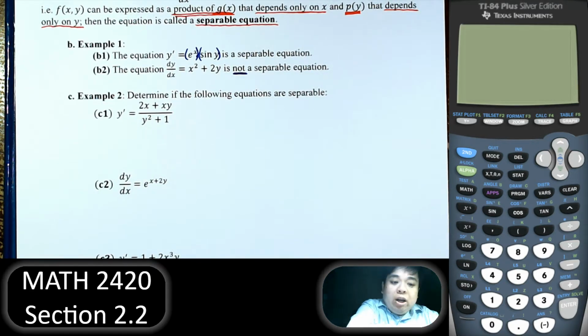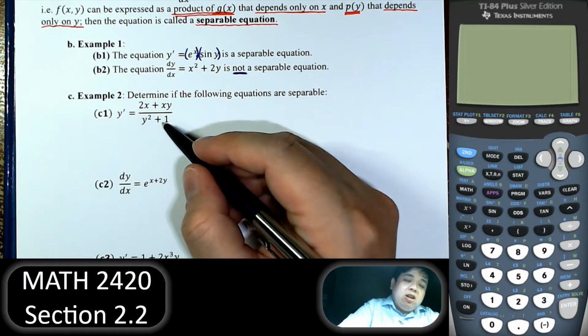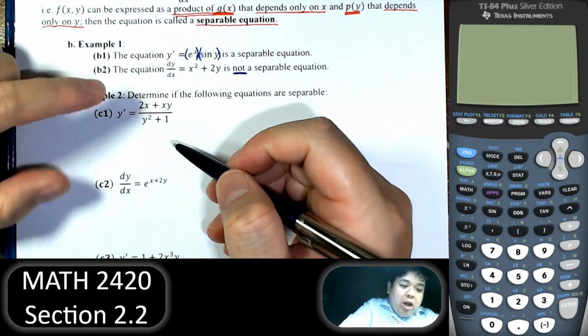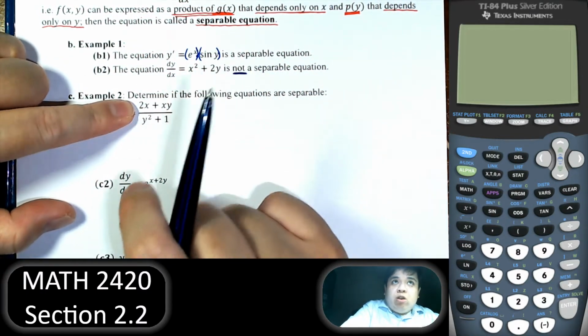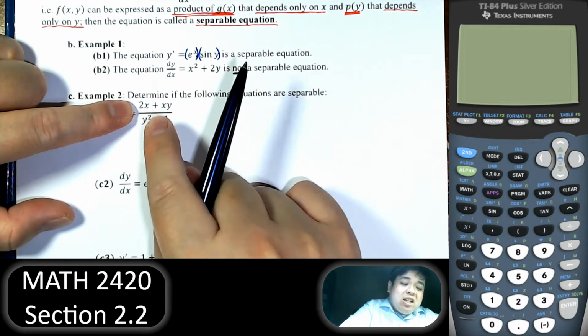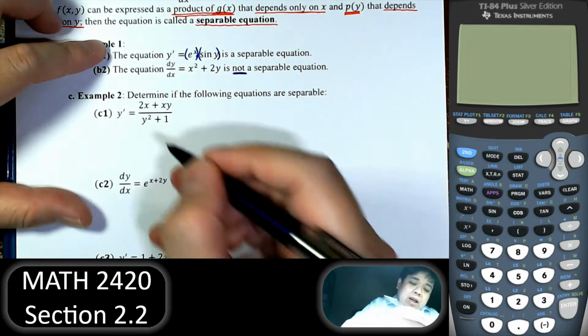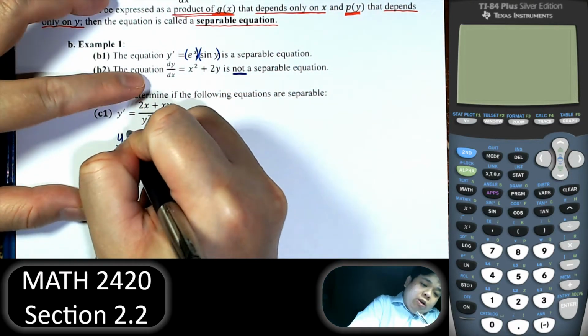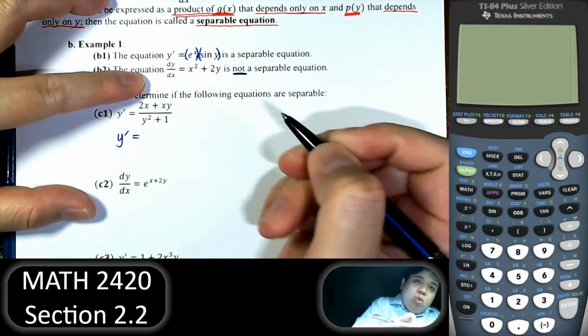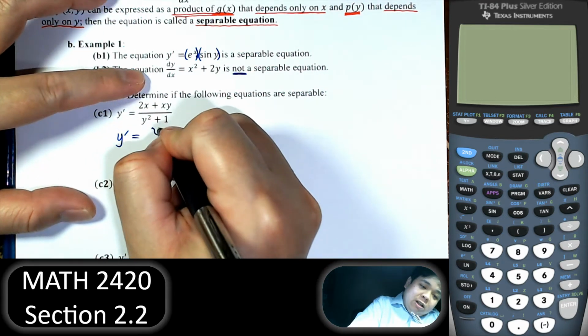Determine if the following equations are separable. We have the first example here. Is that separable? We have the derivative equal to the function on the right hand side. Can we write this as a function of x times a function of y? If we rewrite, both terms have x, so why don't we factor out an x on the top?